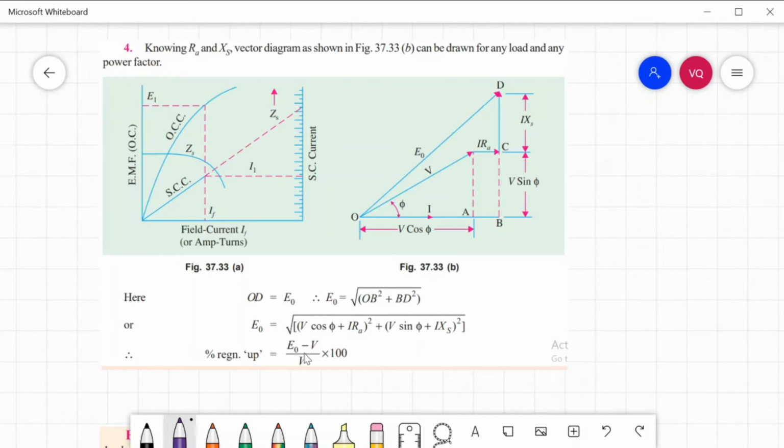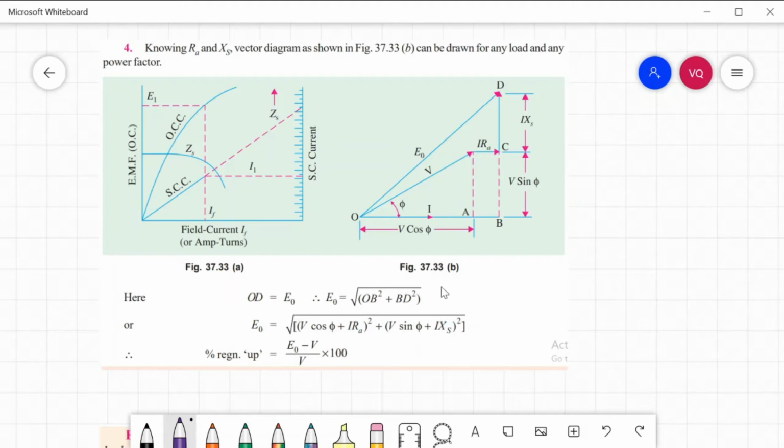EO is equal to the square root of (V cosine phi plus IRA, the drop at the armature resistance) squared plus (V sine phi plus IXS) squared. So you can use this one, but I will not use this method.